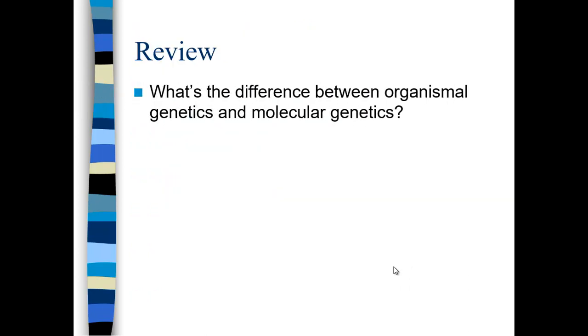Okay, so what's the difference between organismal genetics and molecular genetics? Organismal genetics deals with the entire genome, all of the traits of the entire organism, whereas molecular genetics is based on a single gene, and genetic structure deals with the way that gene is structured, is duplicated, is transcribed, and translated.